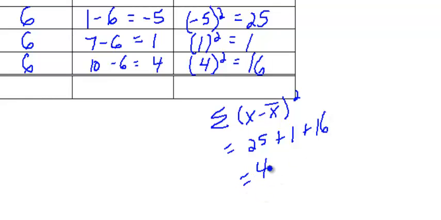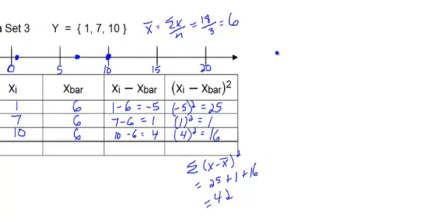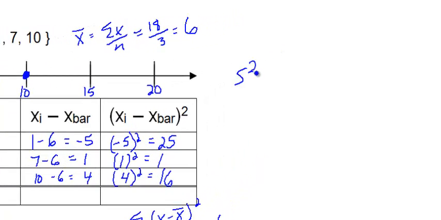So if we add up the deviations squared, we have 25 plus 1 plus 16. So this makes 42. So to compute the sample variance, which is denoted as s squared, we take 42 and divide by 3 minus 1, which is 42 divided by 2, which is 21.